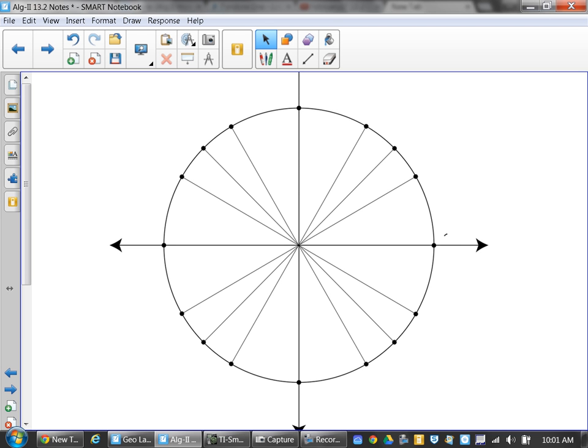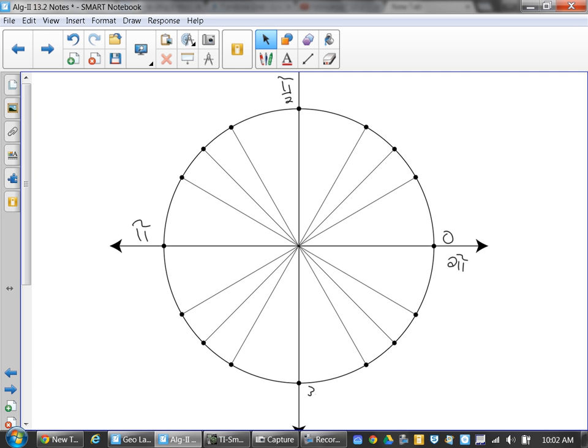We have this at 0. This was pi. This was 2 pi. This was pi over 2. And this was 3 pi over 2. We okay on that? We already had that written down. The first angle is going to be 30 degrees.